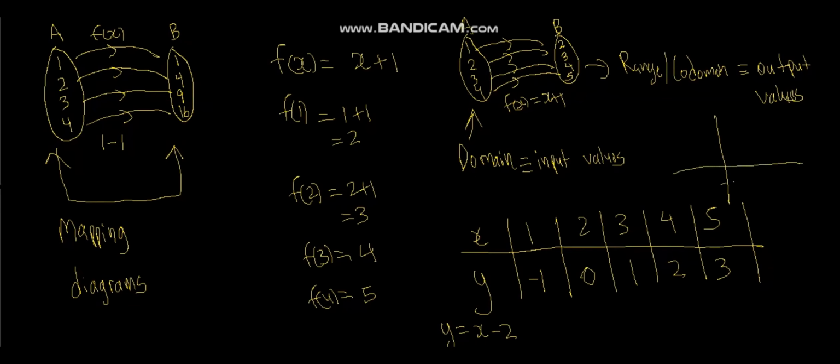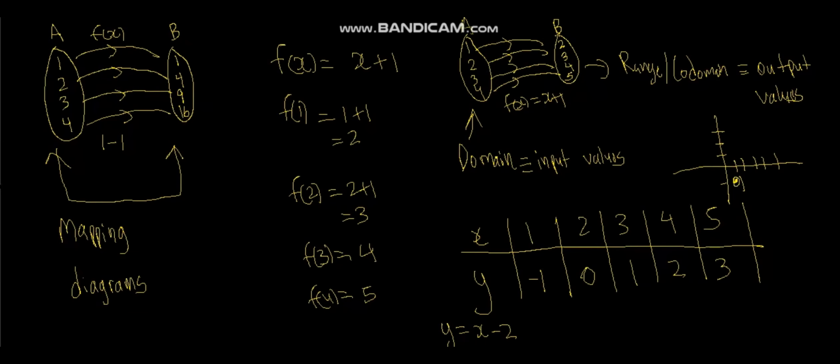So minus 1 is our lowest y value, 0, 1, 2, 3. Our x ranges from 1, 2, 3, 4, 5. So when x is 1, y is minus 1. So the first point is here.